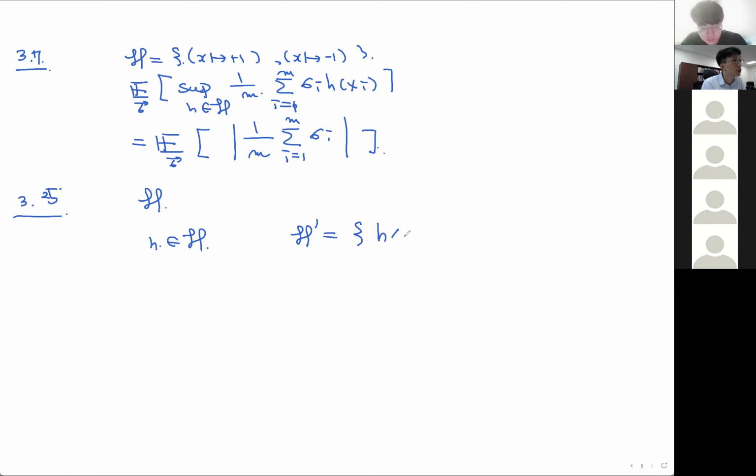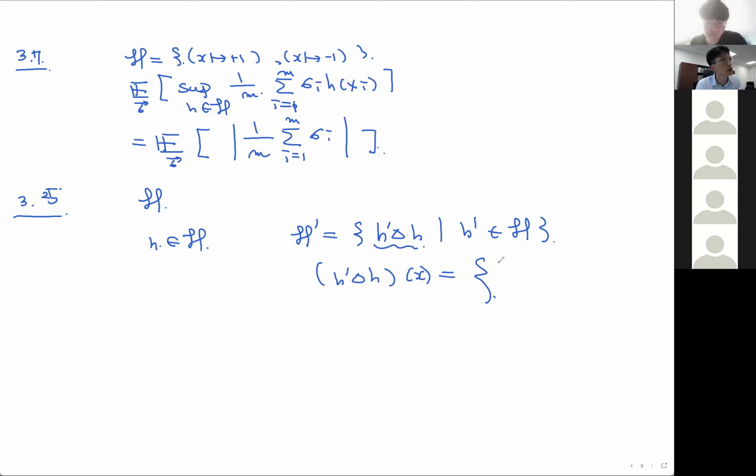So what this notation means is that H prime is going to be +1 if they are different.